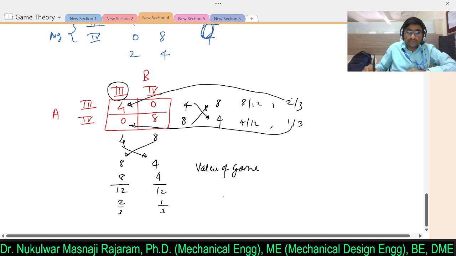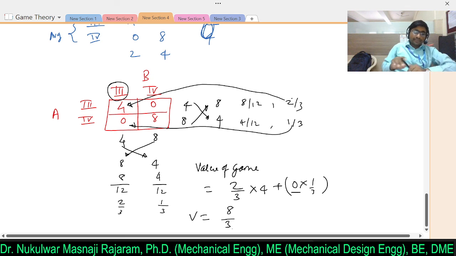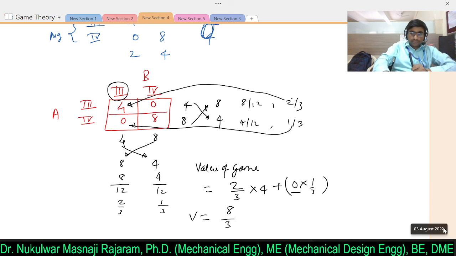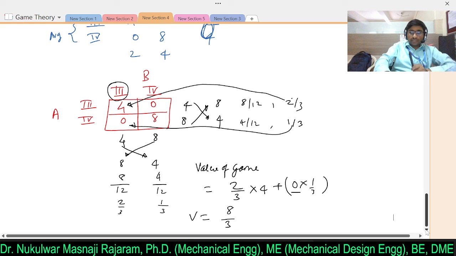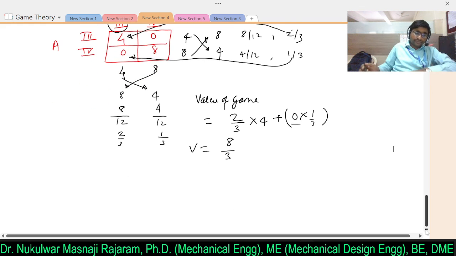I will multiply. So that will be equal to 2 by 3 into 4 plus 0 into 1 by 3. 0 multiply anything, that will be equal to 0. So value of game it will be the 8 by 3. Simple. So this will be the answer, that is the value of game.